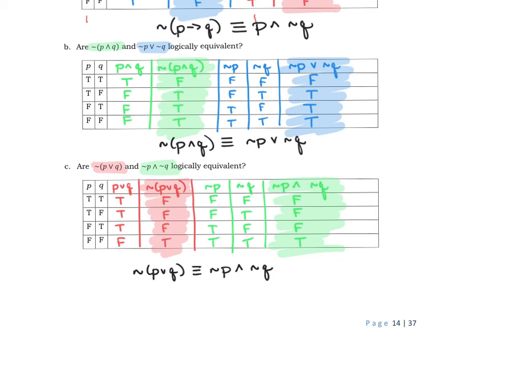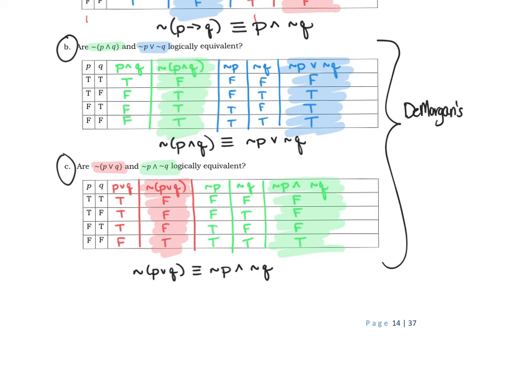Okay, these last two, B and C, these are what are known as De Morgan's law. Actually laws, because they go together. And really what it does is it tells you how to negate an and or an or statement.